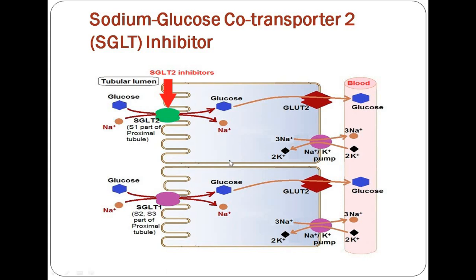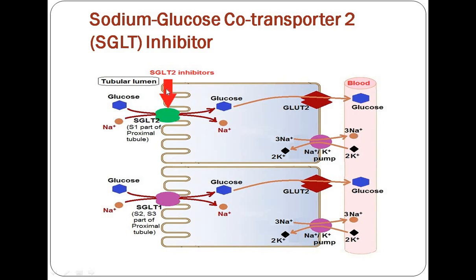Now here SGLT2 and SGLT1, these are the two transporters available. SGLT2 is present in the proximal tubule S1 segment and SGLT1 in the S2 and S3 segments. But SGLT2 is mainly responsible for the transportation of glucose. It is a co-transporter, so glucose and sodium come inside, and then glucose, and through the sodium potassium pump, sodium enters into the blood.